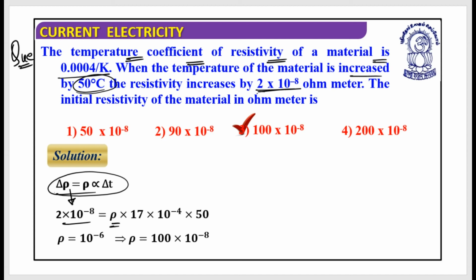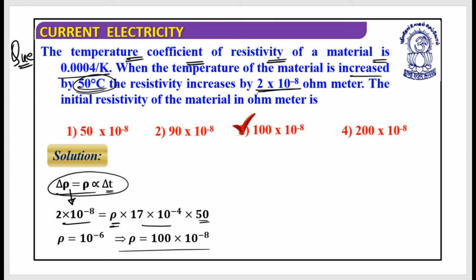Initial resistivity I don't know, I'm working for it. And alpha into delta T is 17 into 10 to the power minus 4 multiplied by 50, since it has changed by 50 degrees Celsius. If I solve this, I can get the value of initial resistivity.